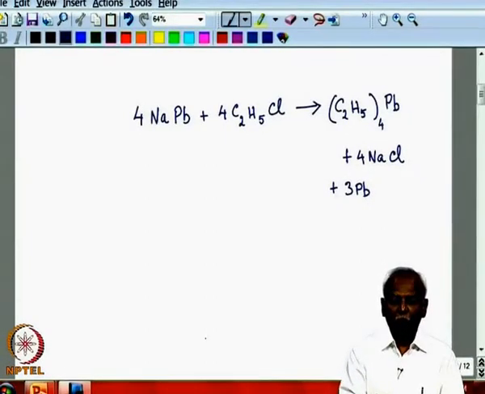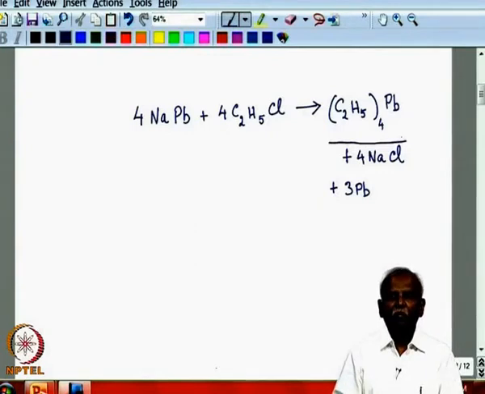NaPb alloy will react with ethyl chloride to form tetraethyl lead. And this tetraethyl lead, when it is formed, also generates sodium chloride. Sodium chloride is a very stable molecule, and its formation releases a lot of heat.